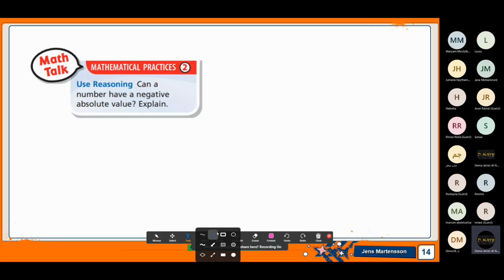For the distance, if I say the distance is 5, I understand it. I only talk about the magnitude. But if I talk about the displacement, I need to say it's 5 to the back or 5 to the right.